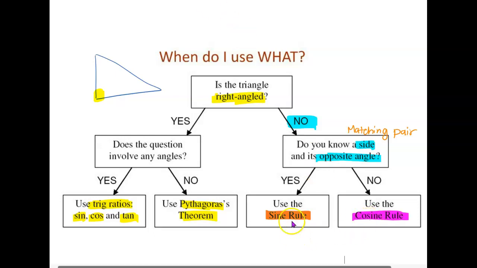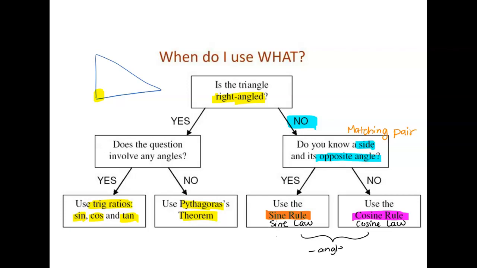For both sine law and cosine law, you can solve for an angle or a side length. But what distinguishes using one over the other is whether there's a matching pair. If there's a matching pair, use the sine law. If there isn't, then use the cosine rule.